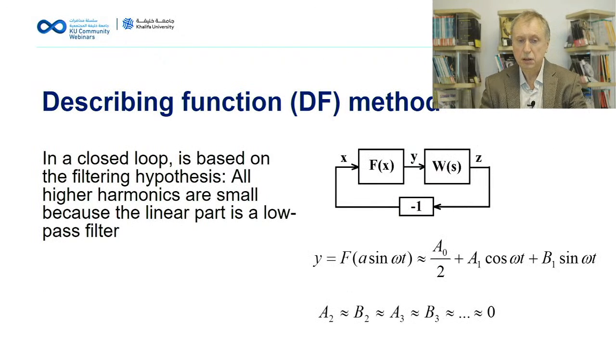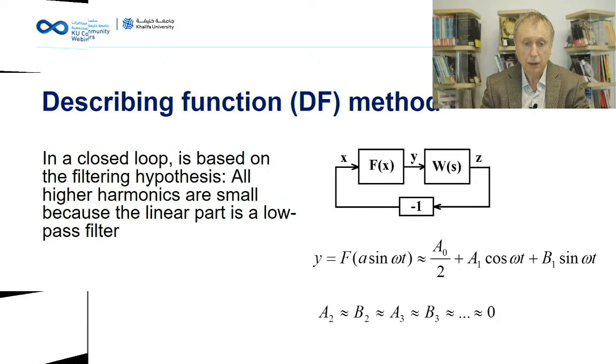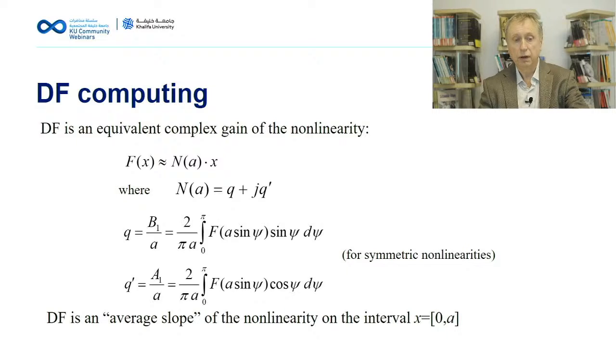If we disregard all high harmonics, we can write for the signal y that it is approximately equal to a certain constant or biasing term plus the harmonic signal a1 cosine plus b1 sine, and then we can consider the describing function which will describe the propagation of this first harmonic.